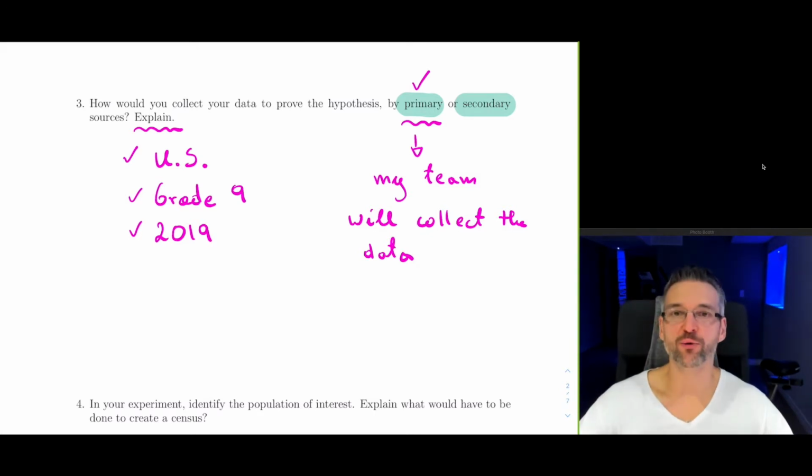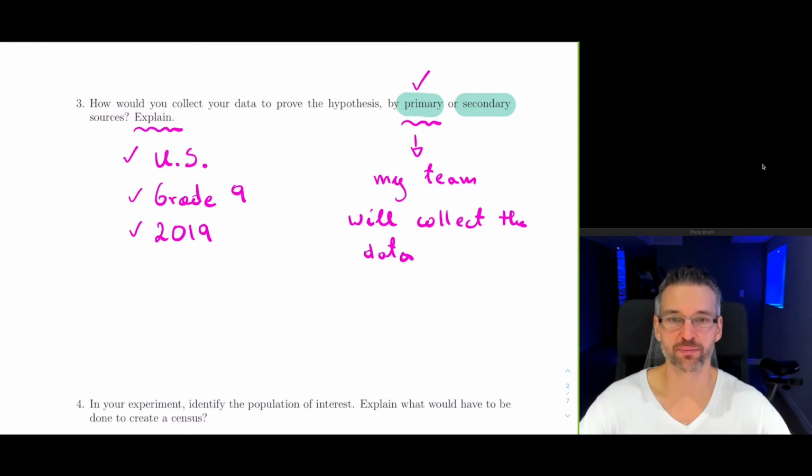And now, how would we do that? Because that's quite a task, right? And that will lead into the next set of questions that we would have. So if I'm going to explain, in this particular question, how would you collect your data to prove the hypothesis?